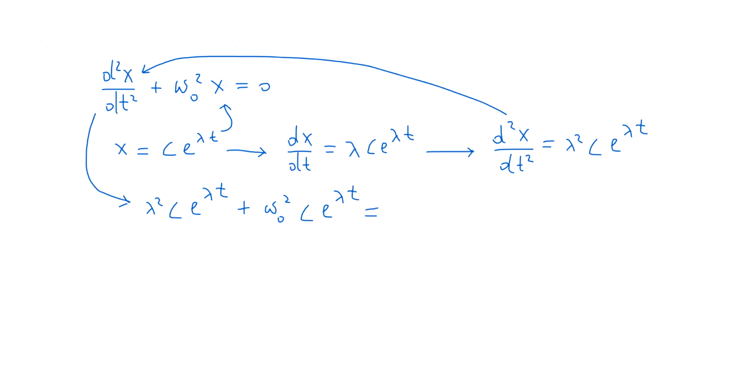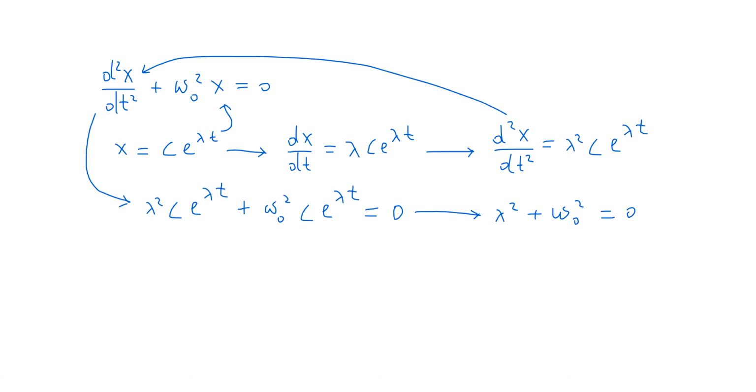Such a relation we have after substitution. And if this function is a solution, there should be an algebraic equation: lambda to the power of 2 plus omega 0 to the power of 2 is equal to 0.